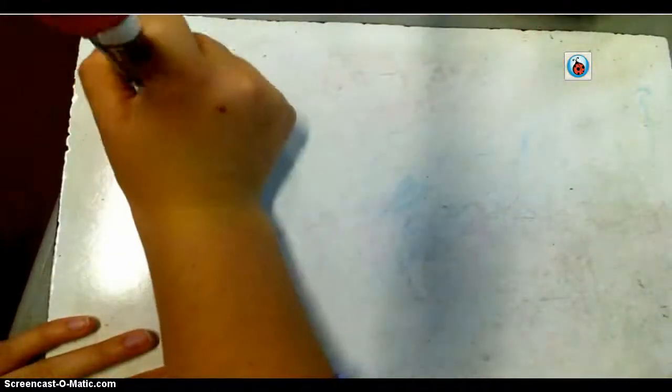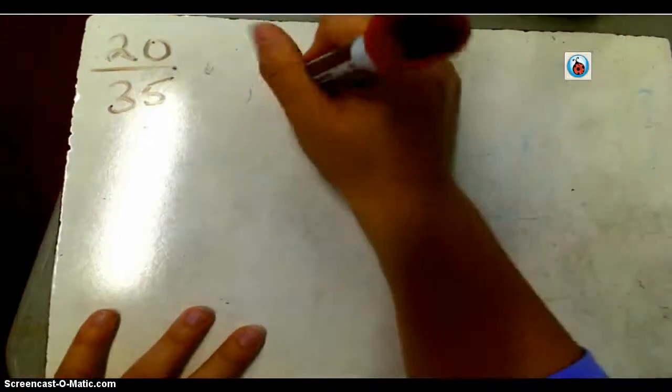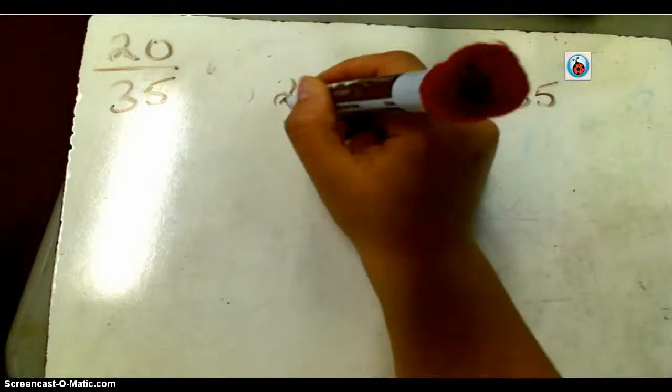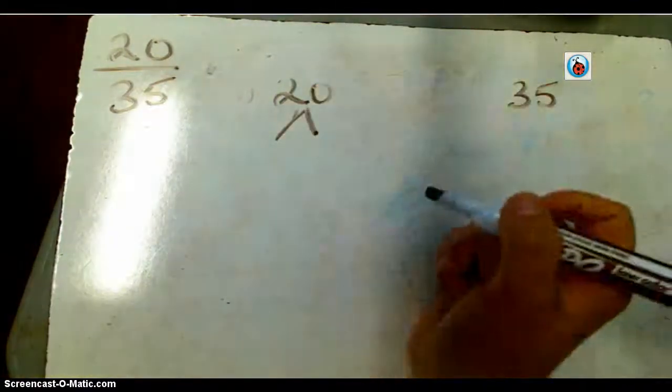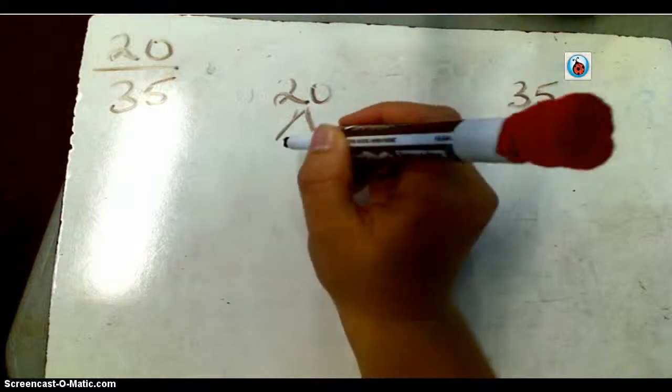20 over 35. That's our fraction, okay? We're going to take 20 and 35 and find the prime factorization of it first in order to find our greatest common factor, okay? Because you all said that you'd rather do prime factorization over a list of factors, right? Yeah. Okay. So the prime factorization of 20, let's do that real quick. 5.